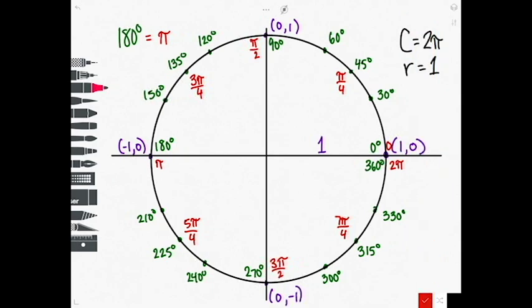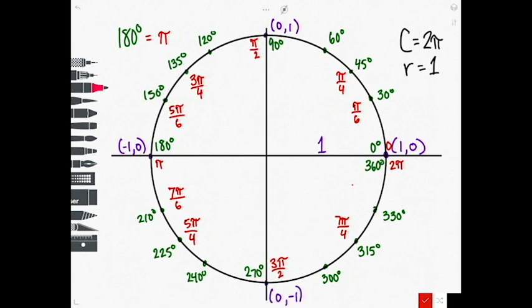So 30 degrees is 1/6 of 180. So this ends up being pi over 6, because 180 degrees is the same as pi radians, which ends up meaning that all of these ones that are just 30 degrees from the horizontal end up being over 6. So this one's 5 pi over 6, 150 degrees. If I go down just 30 degrees from the horizontal, it's 7 pi over 6.